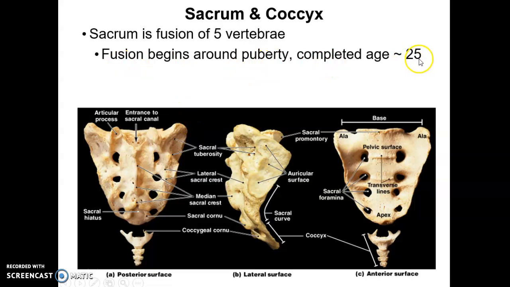Fusion begins about puberty, completed by about 25, and the sacral canal is the passageway for the spinal nerves that are coming down from the spinal cord, and then the spinal nerves exit out of their appropriate sacral foramina. So these sacral foramina are analogous to the intervertebral foramina of the other vertebra.